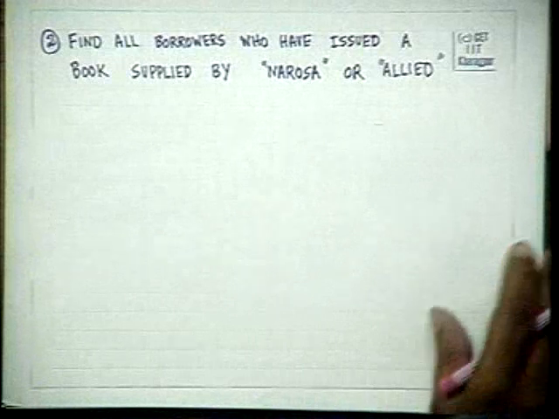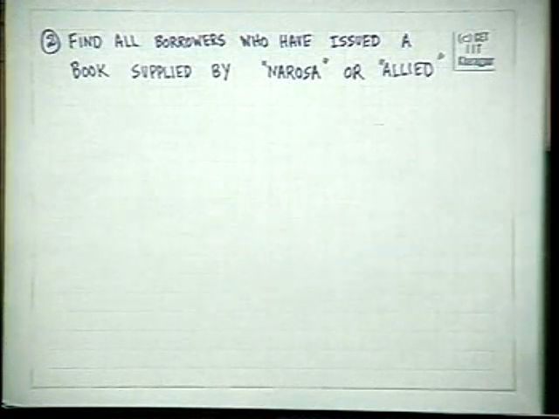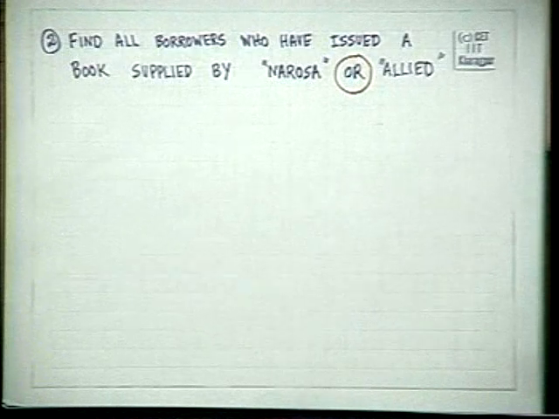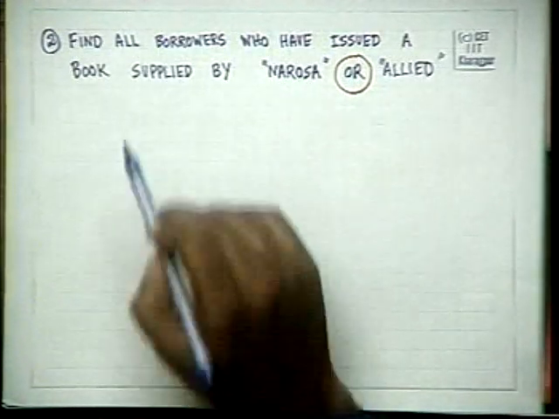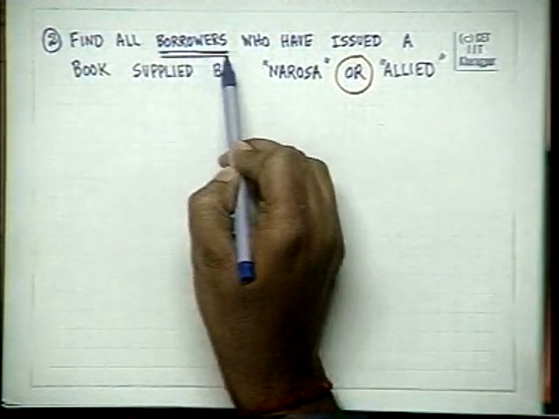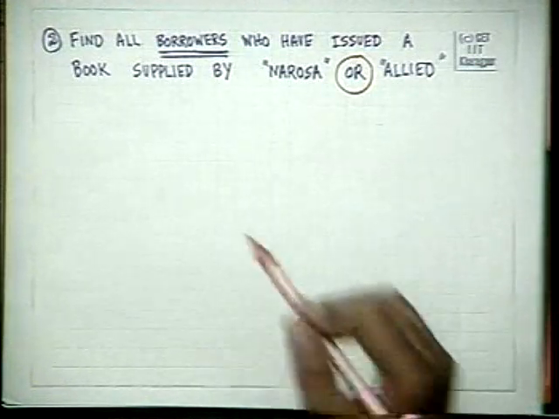We will see another one which is slightly different from the previous one because it has got this one. Find all borrowers. Let us say here, when we say borrowers, we are interested only in borrower names. Okay.